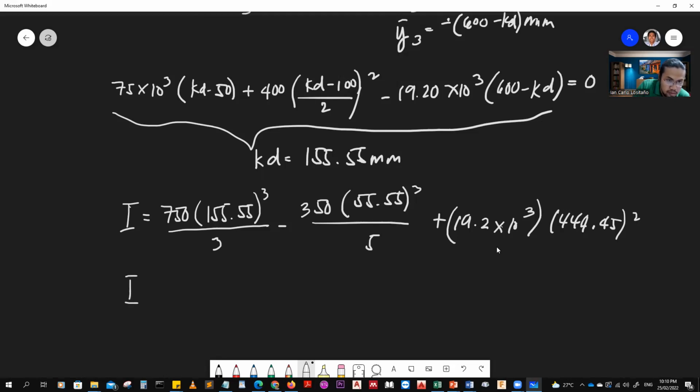Okay, solving it is going to become 4.714 times 10 to the 6. Oh, no, sorry, this I is going to be in millimeters to the fourth.